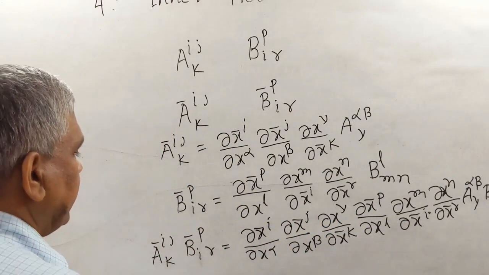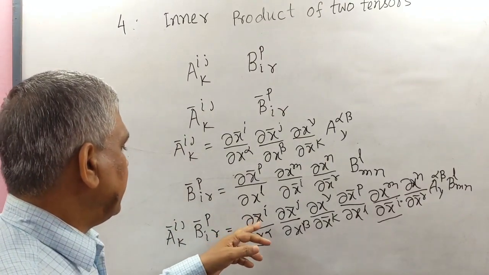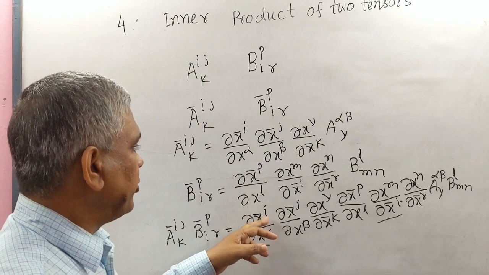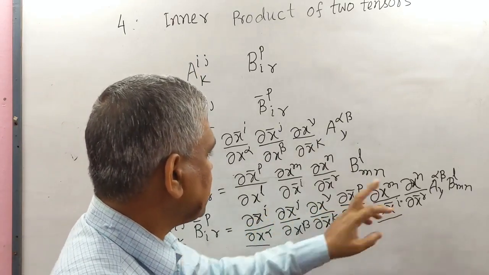Here we get that for these two partial derivatives, del x bar i is at upper position in one and at lower position in the other, so i is a dummy suffix.